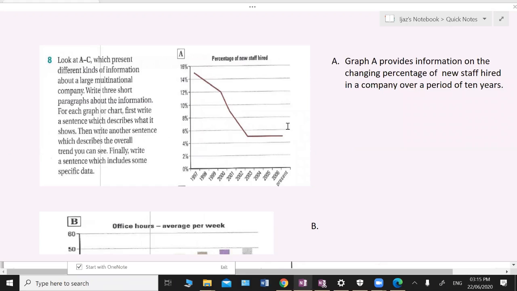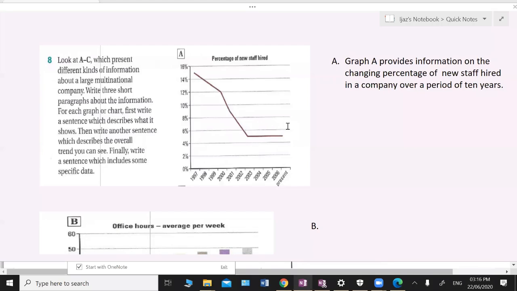So my question is, has the trend risen, or has it fallen dramatically, or gradually? Do you remember the words which we used yesterday? You can use those words to explain what the graph says. We took one sentence on what the graph is about. Now, what is the overall idea about the graph?